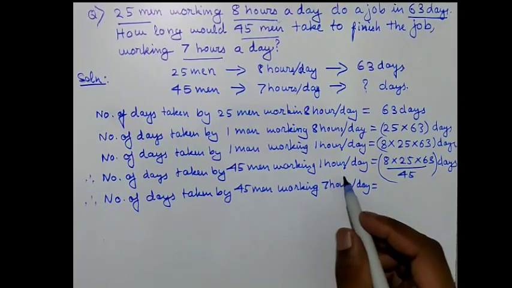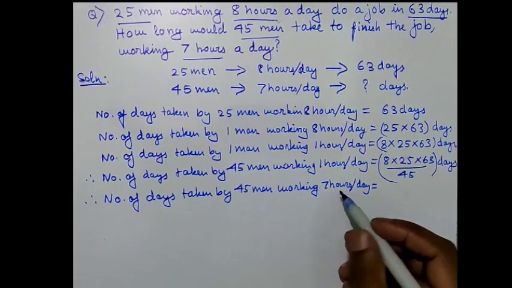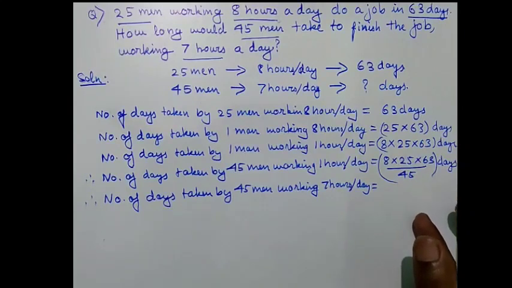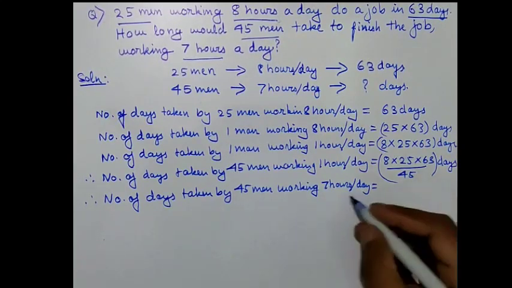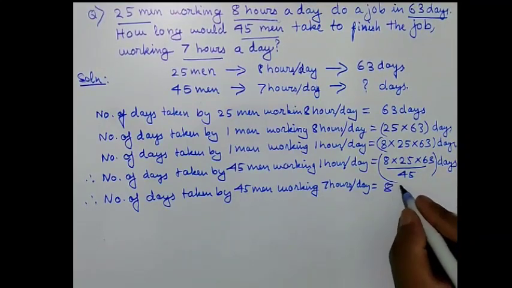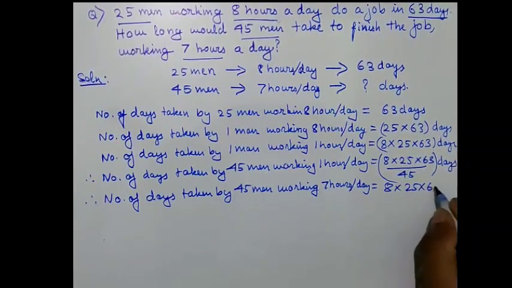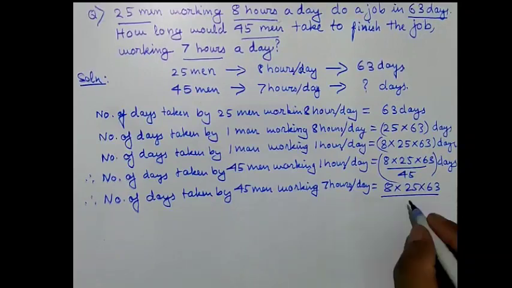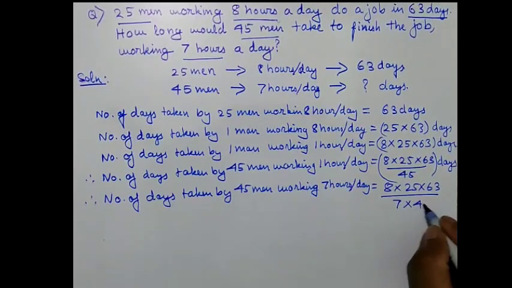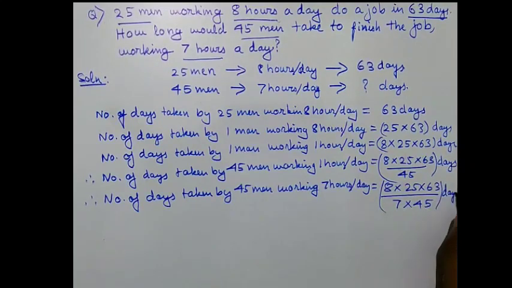Number of hours has also increased per day, so means they'll complete the work much faster, means number of days will reduce. So again we have to divide by 7. So 8 times 25 times 63 divided by 7 times 45 days altogether, isn't it?